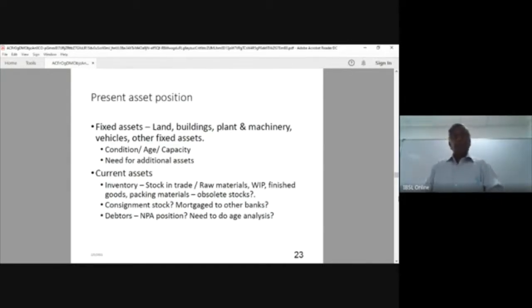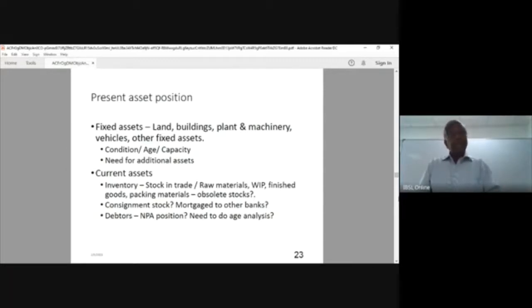There may be NPAs also. Customers would have bought on credit but didn't pay, maybe more than 3 or 4 months, not paid yet. Those are NPAs of the customer, non-performing advances.